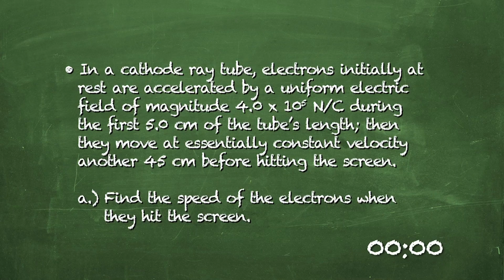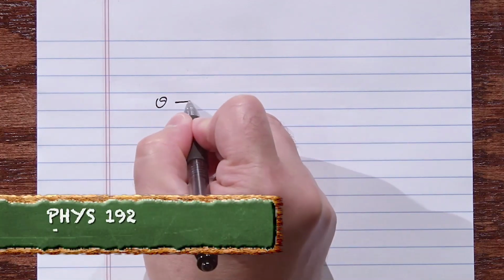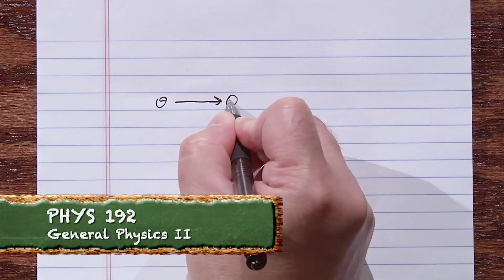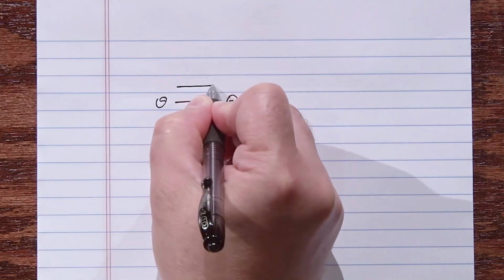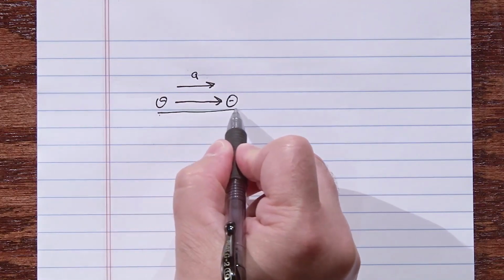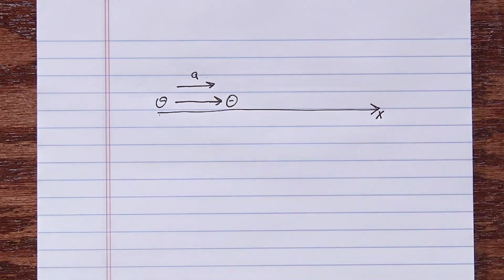Okay, I will start drawing my diagram. There's my electron, and it starts to move. I'll say that it starts to move in this direction. It's accelerated in that direction. We'll call that direction our x-axis. There's our x-axis.